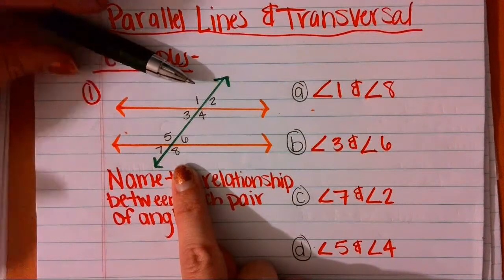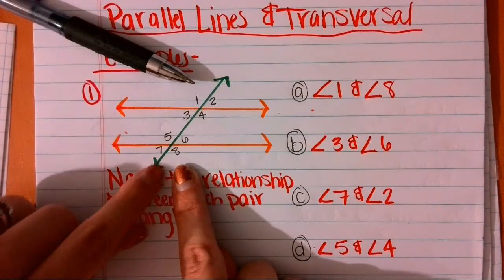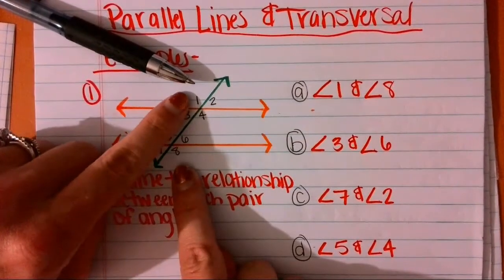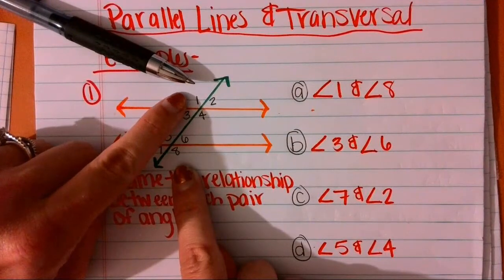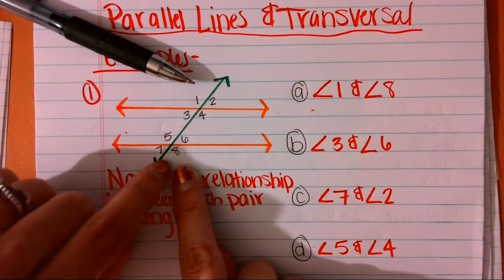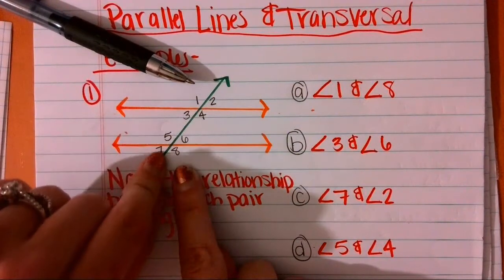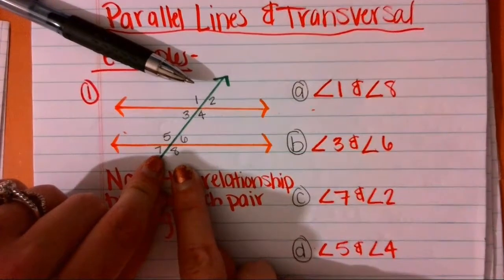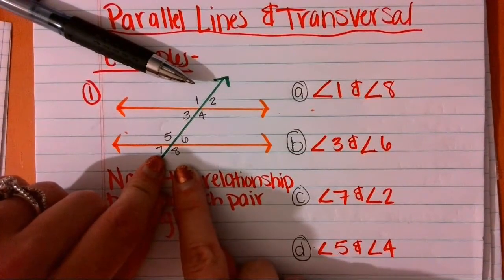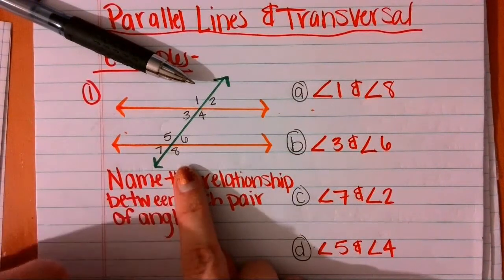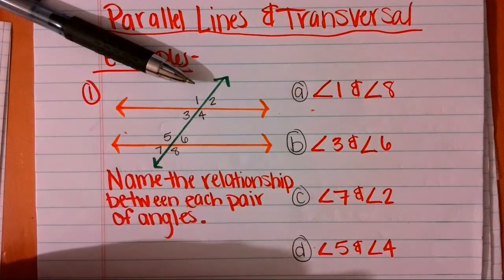So I can see, here's my transversal. Angle 1 is to the left, and angle 8 is to the right of that transversal. So those would be opposite sides. Then I have to decide if this is interior or exterior.